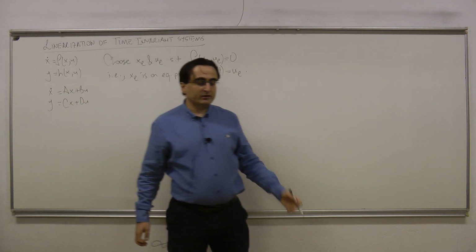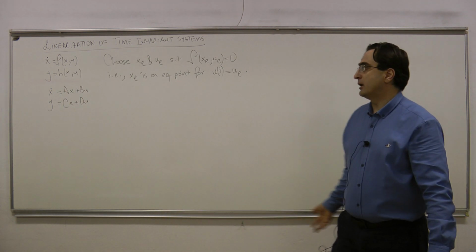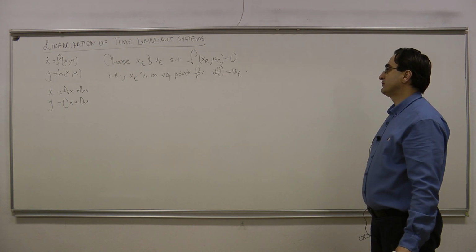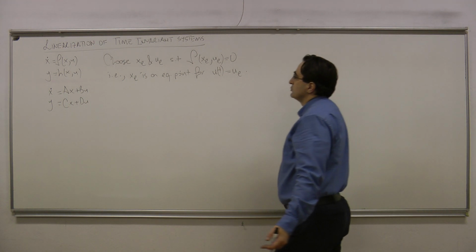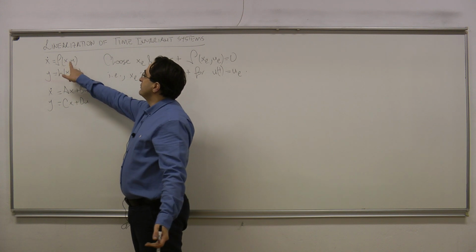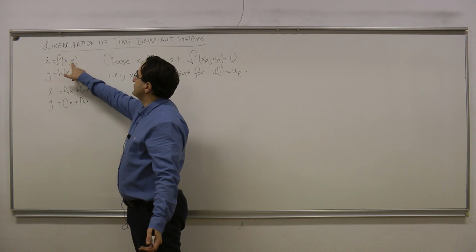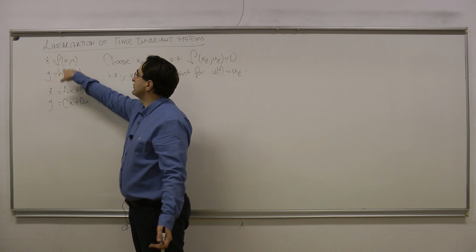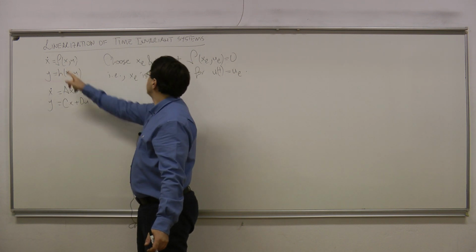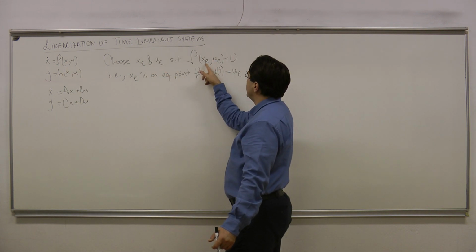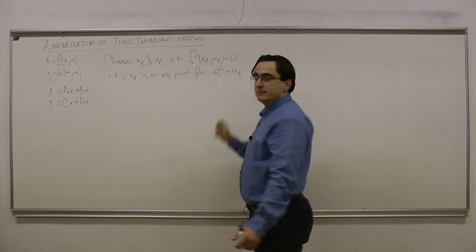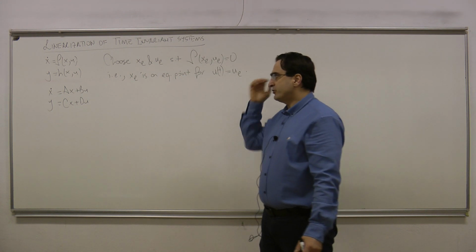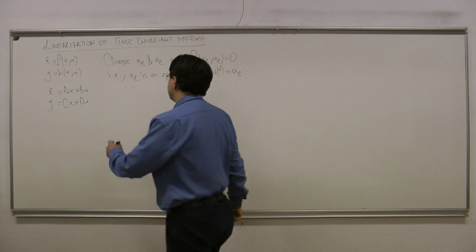So now by having this equilibrium point, we can apply the theory of linearization. So what do we have to do? I am going to write a first order Taylor series approximation for this function f around the equilibrium state xe and around the equilibrium input ue. This is really not very difficult.